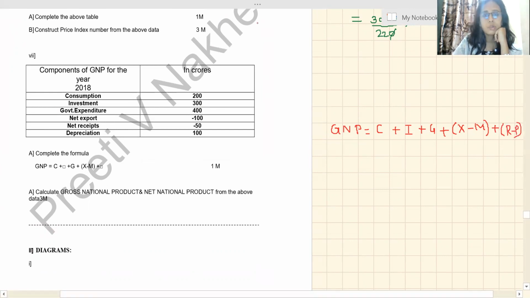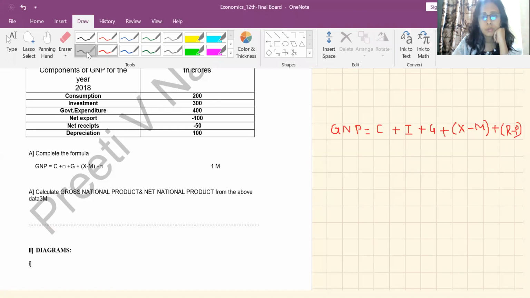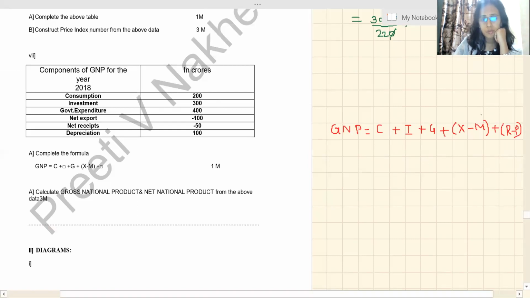Now they have asked you the fill in the blanks. So our fill in the blanks is from the formula. This is missing, and this is also missing. Okay, so you get the answer as I and R minus P, half marks each.